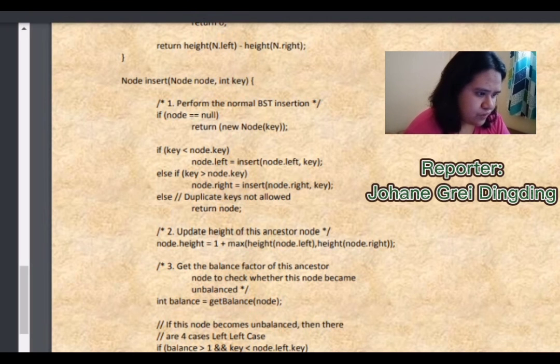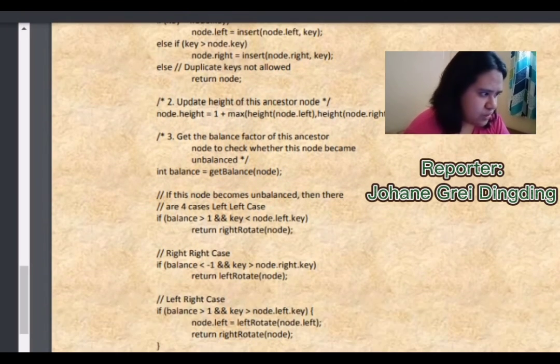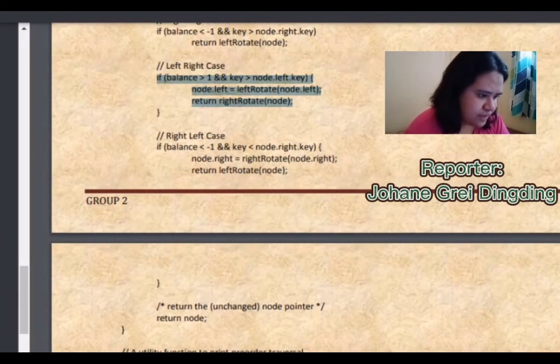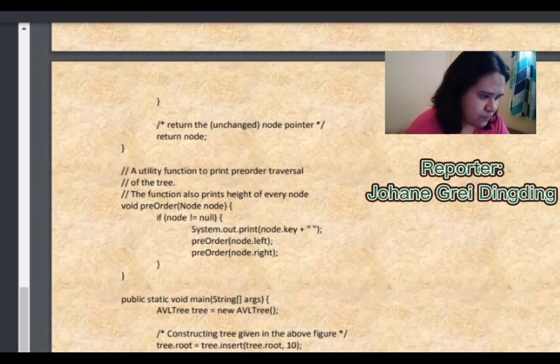This is the update height of this ancestor node, and we're going to get the balance factor of this ancestor node to check whether this node became unbalanced. In this part, this node becomes unbalanced. Then the right case here, the left-right case, the right-left case is here, and we're going to return the node.